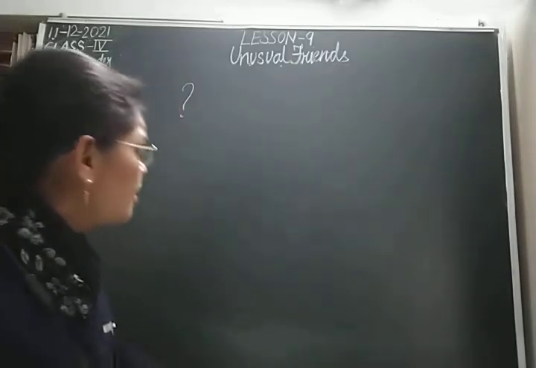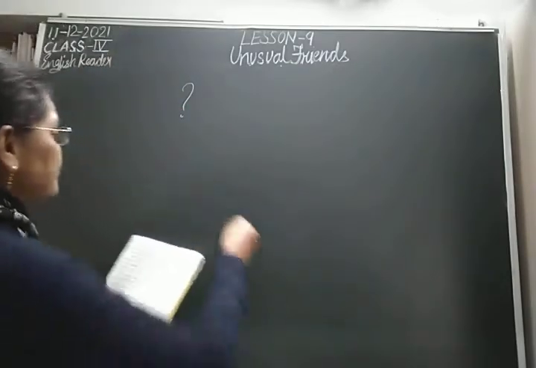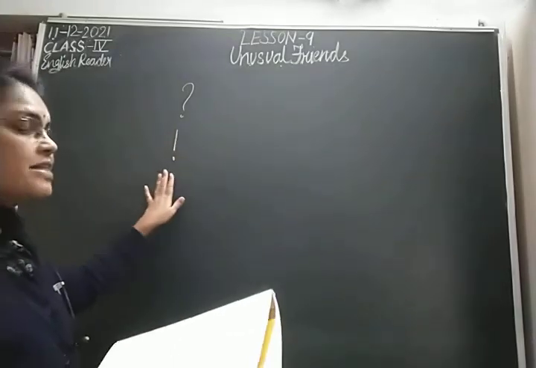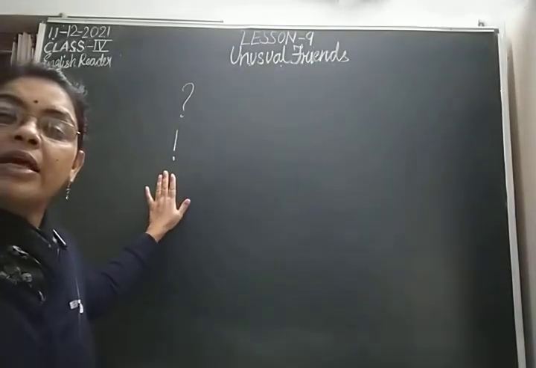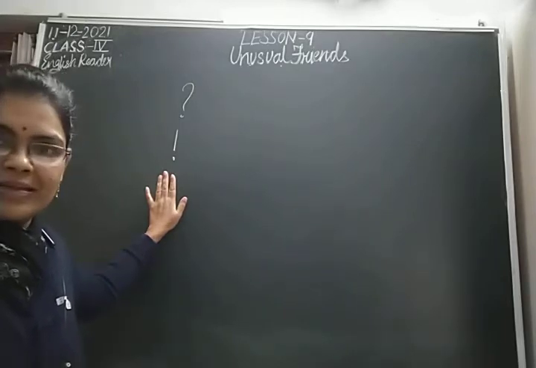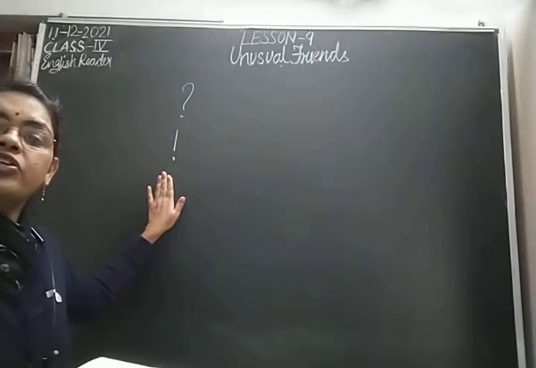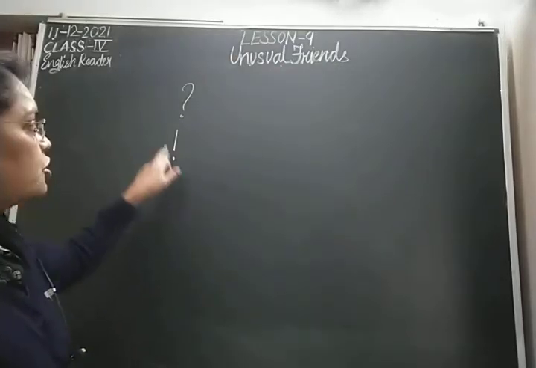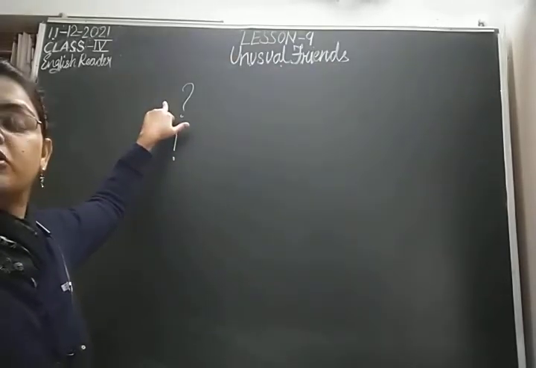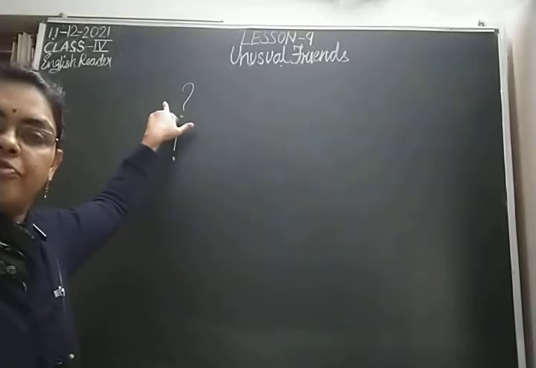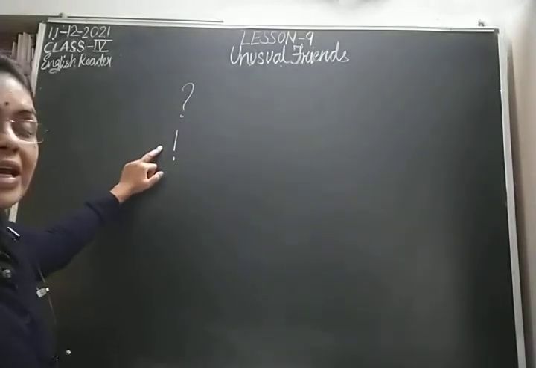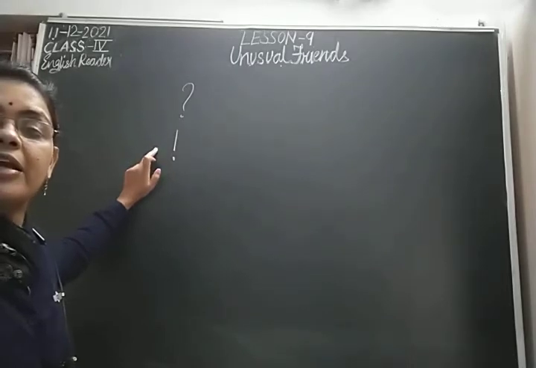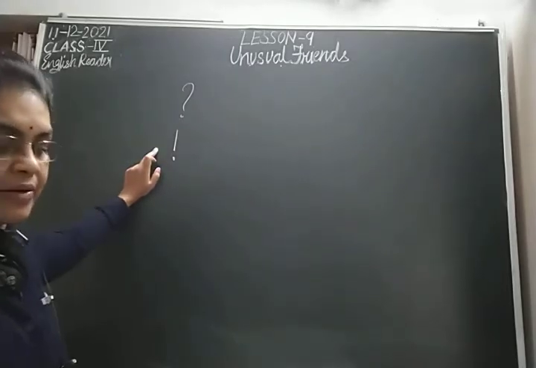Clear? And this is the exclamation mark, and we put the exclamation mark in the exclamatory sentence. That is, after each interjection, we use this exclamation mark. So this is the question mark, which is also known as the interrogative mark, whereas this is the exclamation mark, which we use after interjection in an exclamatory sentence.